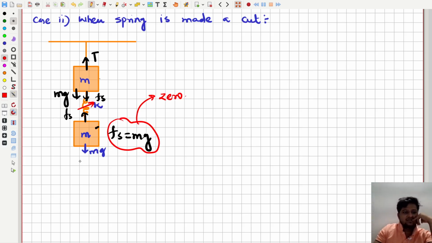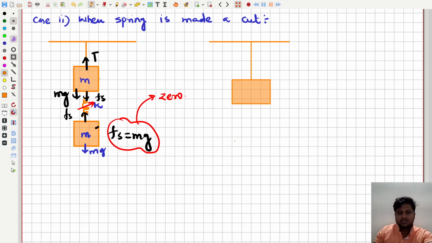And you know that tension will not immediately change after that. So what will happen is, I have a system like this right now, where I have this, then this is there, and the block is attached to it.